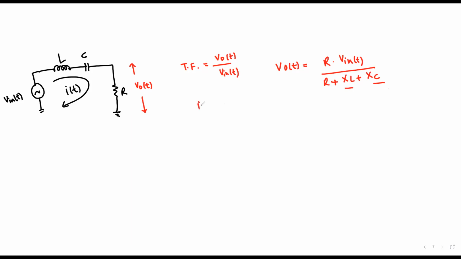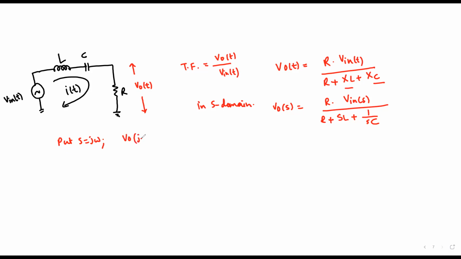So in the S domain, we can write VO of S that equals R times V in of S divided by R plus, not j omega yet, SL plus 1 over SC. And now we put S equal to j omega in the above expression.